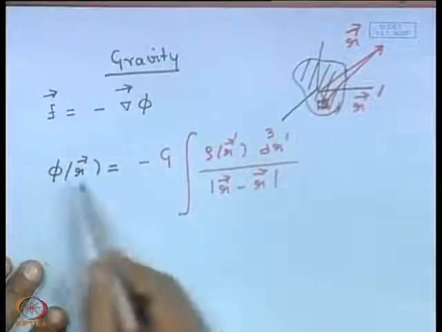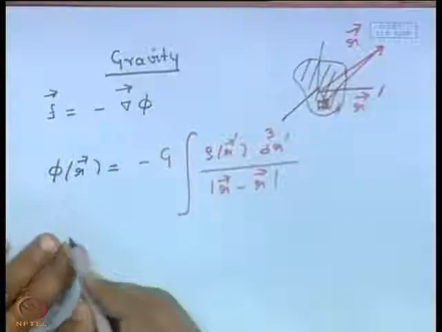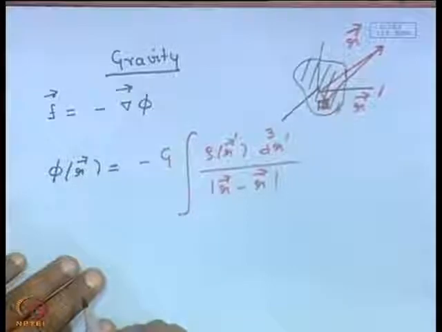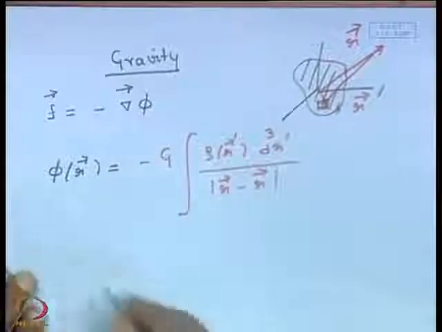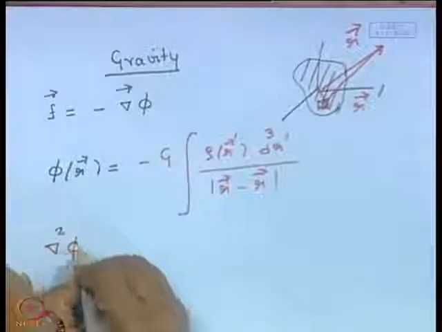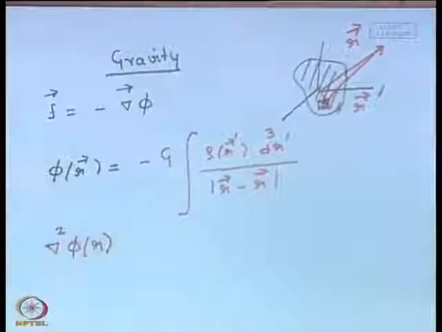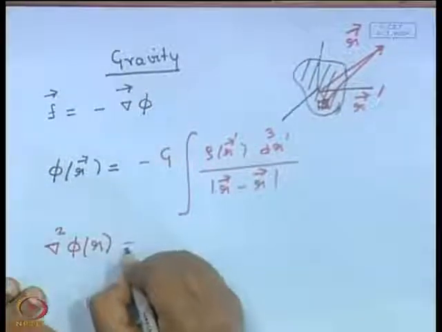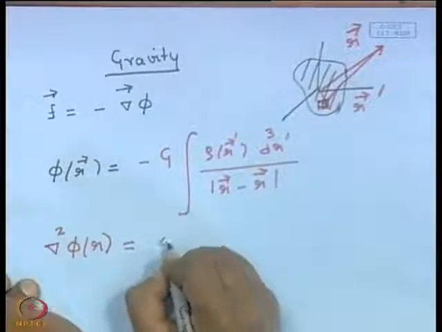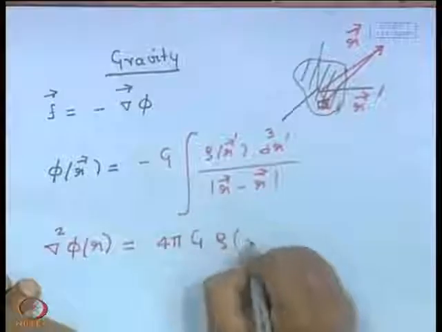It is convenient to write it, instead of this integral expression, as a differential expression, and that differential expression can be obtained if I act with the Laplacian, if I calculate del square phi. So, I act with the Laplacian on this, and del square phi comes out to be 4 pi G into rho of r.